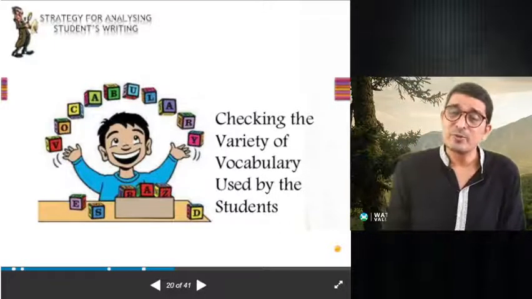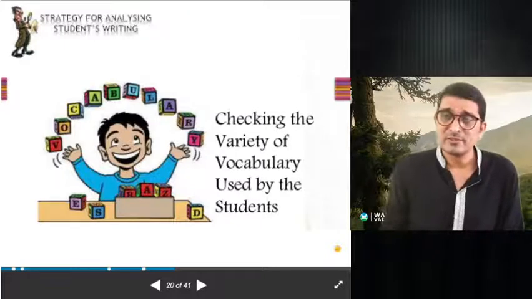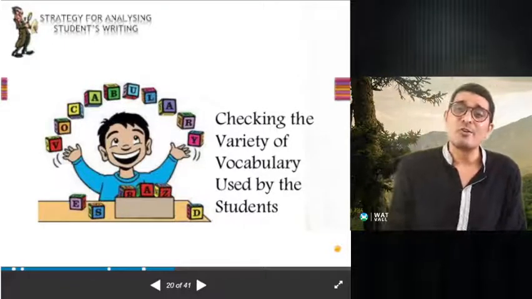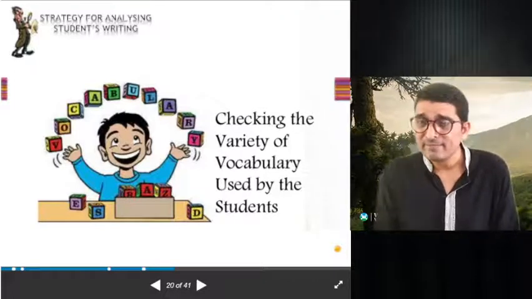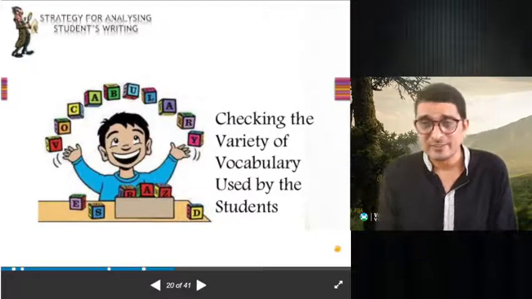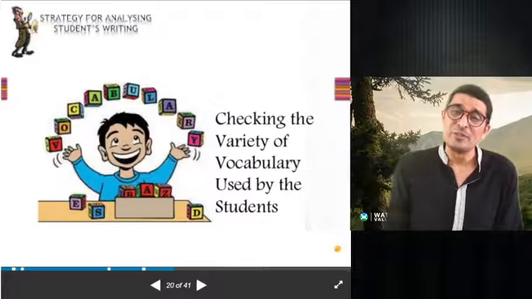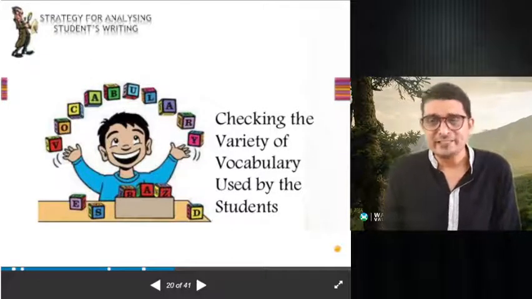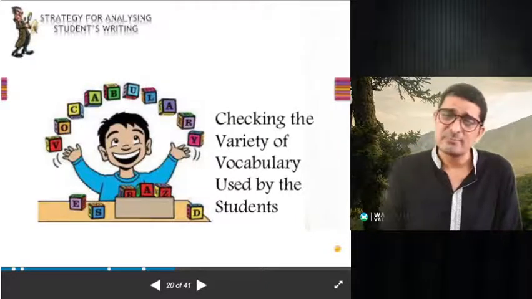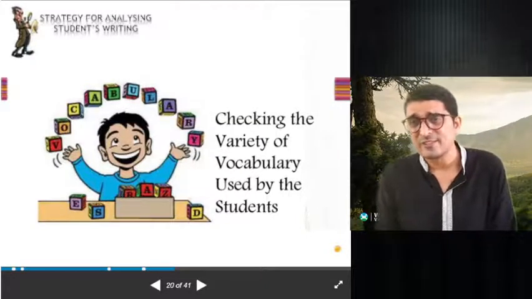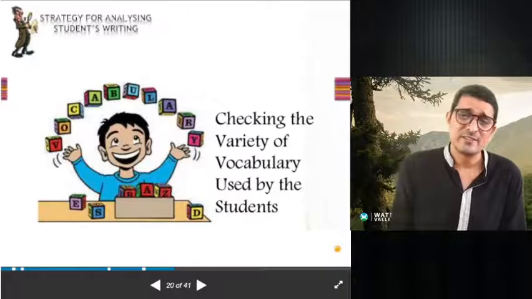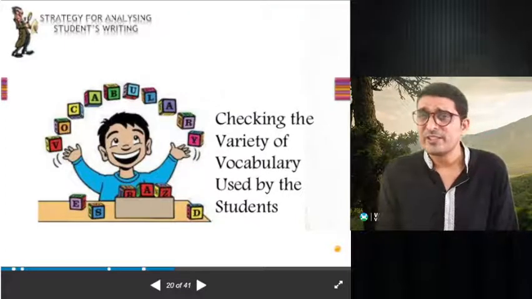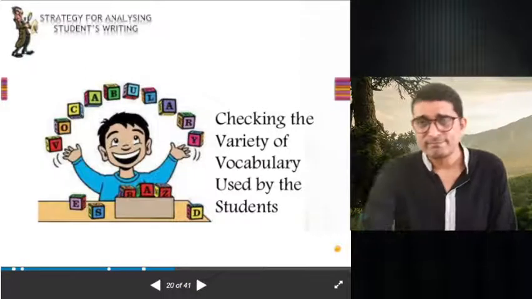If he is making use of the same word for different sentences, the teacher can call him and tell him that there are synonyms of that word. You can also use these words. So when you check the written pieces of your students, just look whether they have used a variety of words.